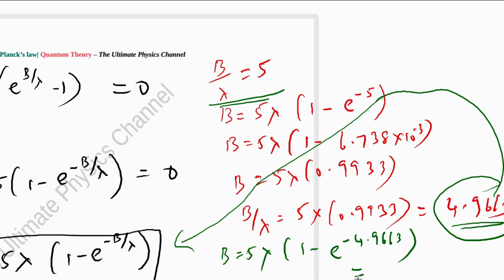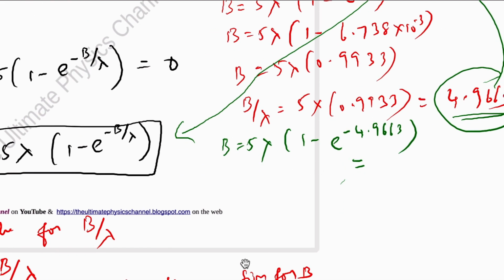Let me just check that. Yeah, if you do that, with 4.9663, now you would get b is equal to 5 lambda times 1 minus 6.9688 into 10 power minus 3.